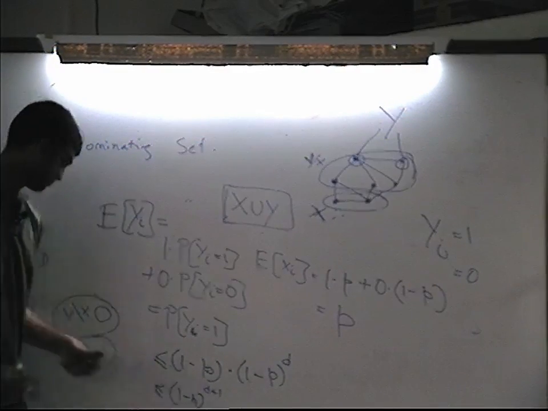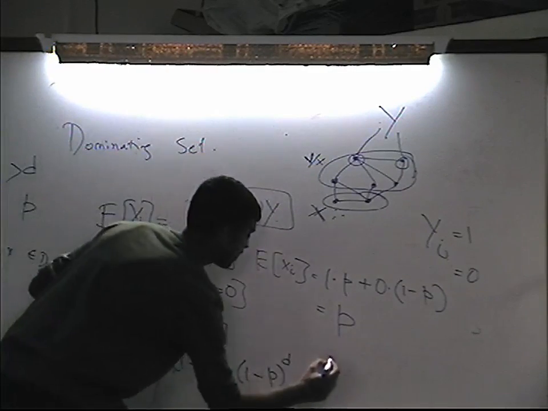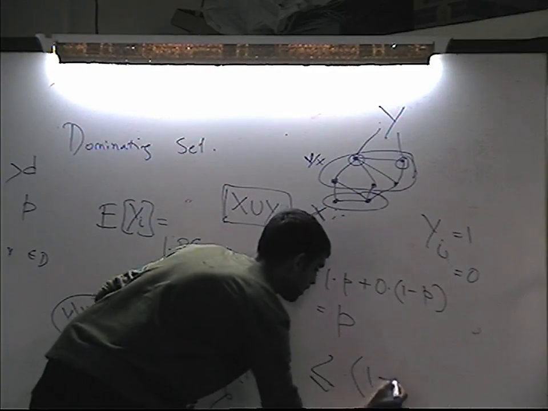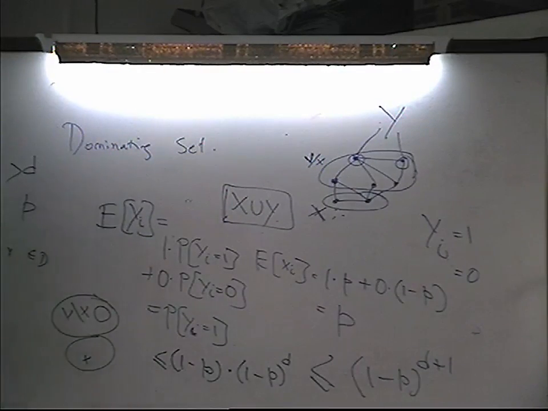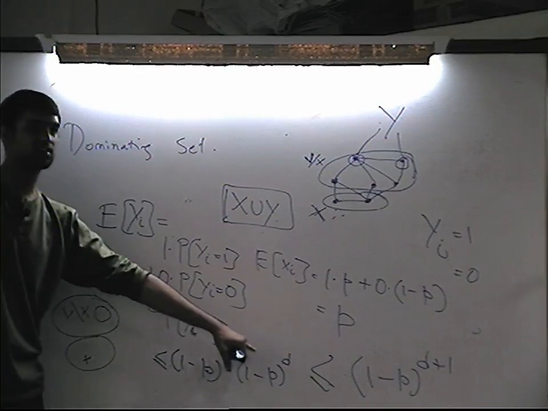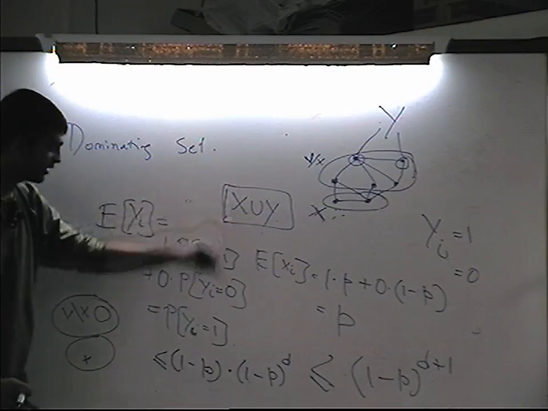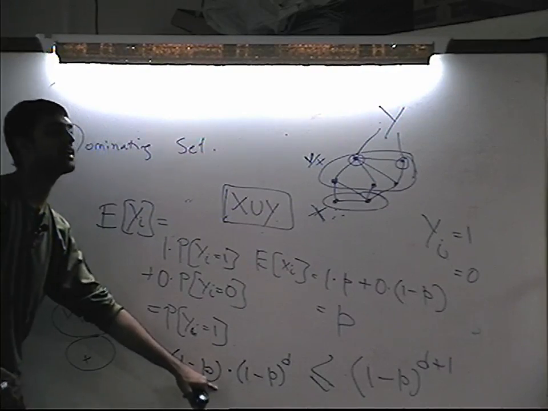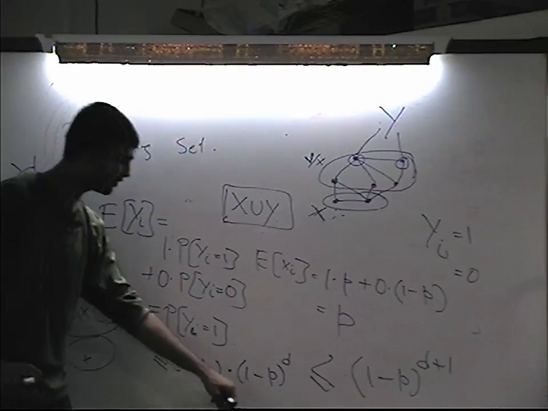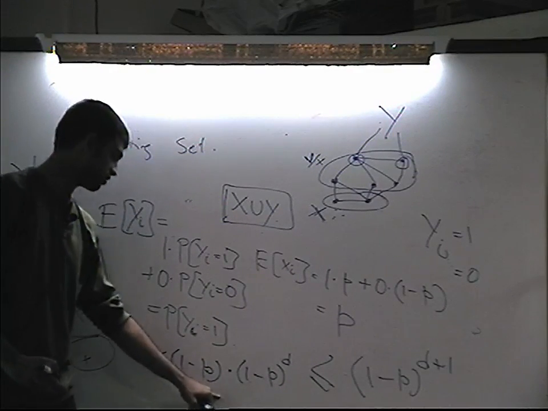So, we will write this. So, is this probability clear? The probability that a vertex I is not present in Y is just that it itself is not present in X, which happens with probability 1 minus p, and none of its neighbors are present in X, which is 1 minus p power d.